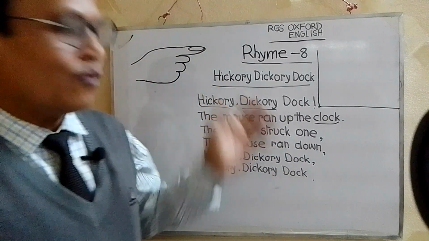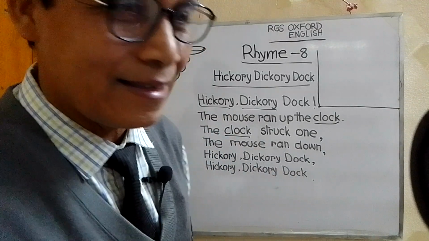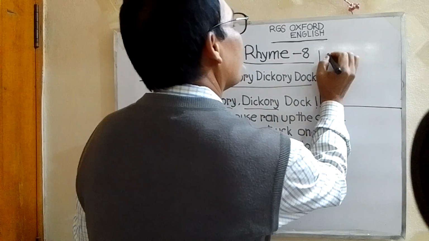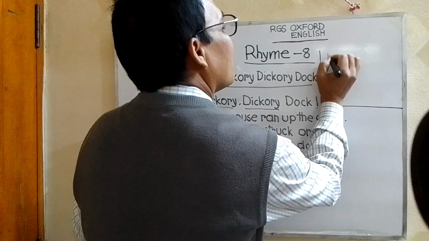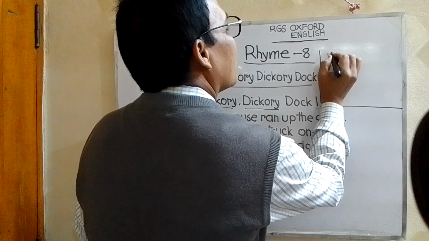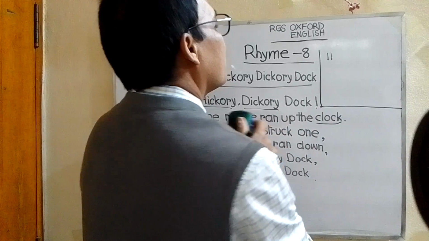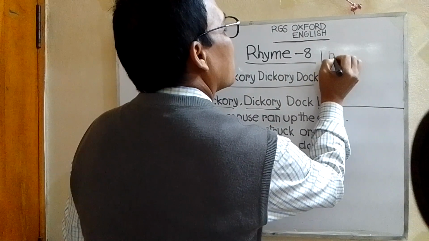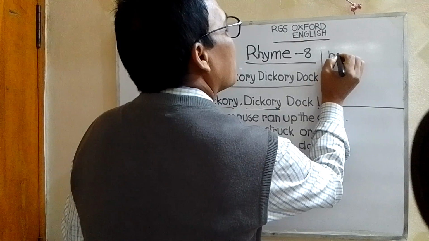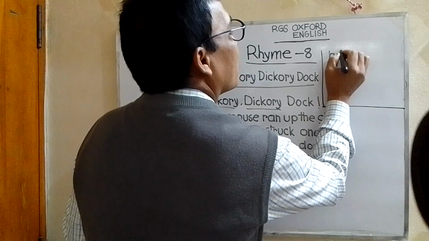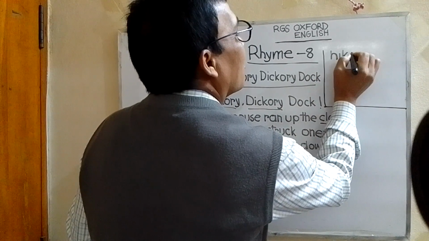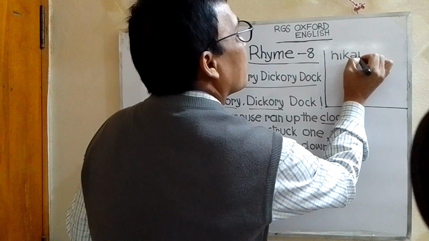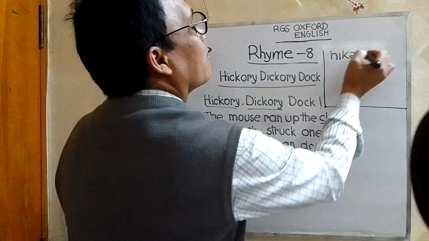But our phonic symbol tells us this is Hickory, because you see the phonic symbol. Hickory, small letter, he, ka, ri.